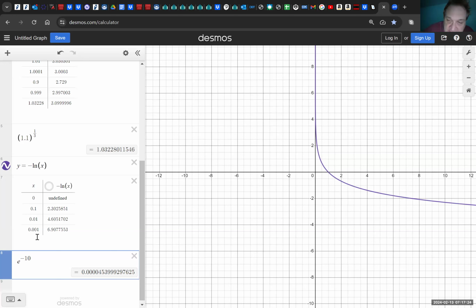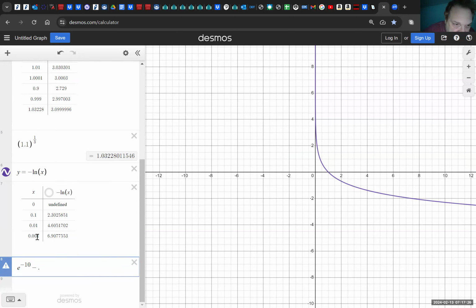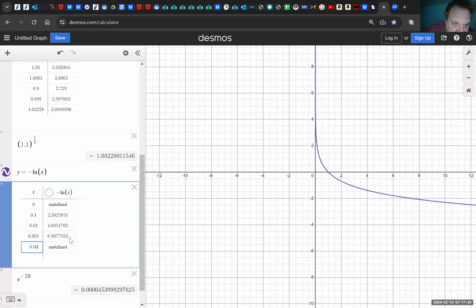So let me put that in my table, sorry. 0.00, there are 4 zeros. Okay. And you can see that when I get down to that level, I can even put the 5 in there, that it's still bigger than 10, right?